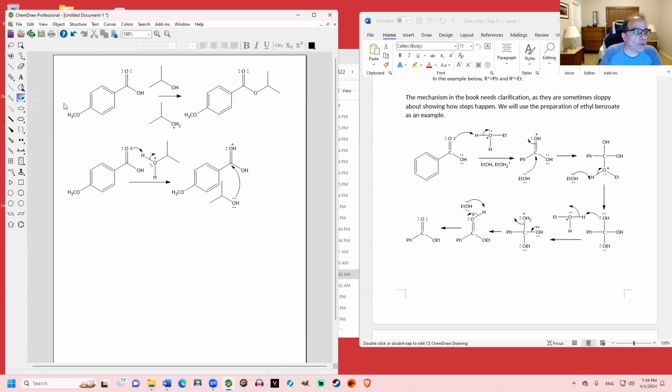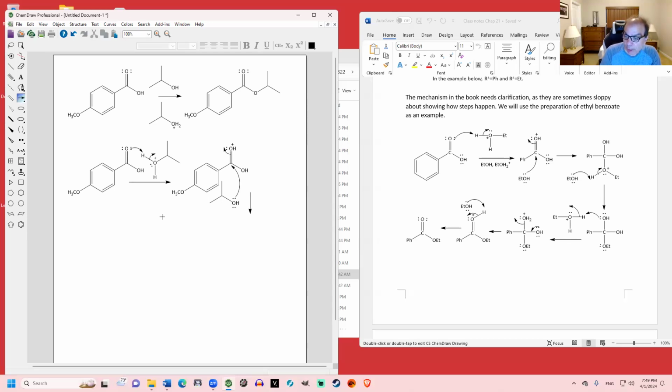So that oxygen forms a bond to carbon. Notice so far that the arrows are exactly the same as in the original mechanism from the class notes. It's just we're using different structures.